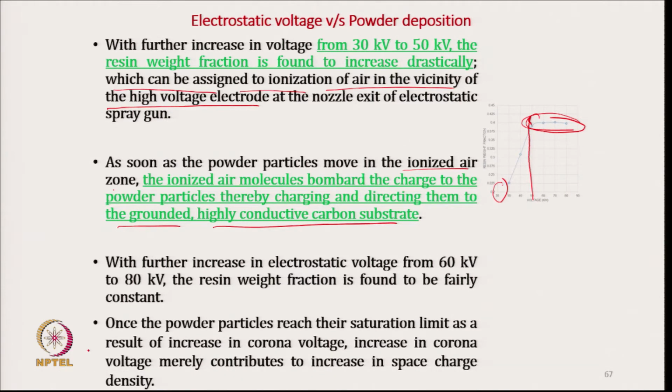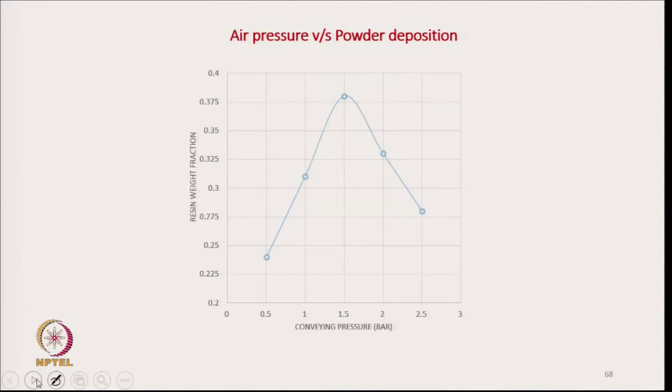Once the powder particles reach their saturation limit as a result of increase in corona voltage, increasing the voltage further does not help. So, we can say between 50 to 60 is the optimum voltage which we can use here.